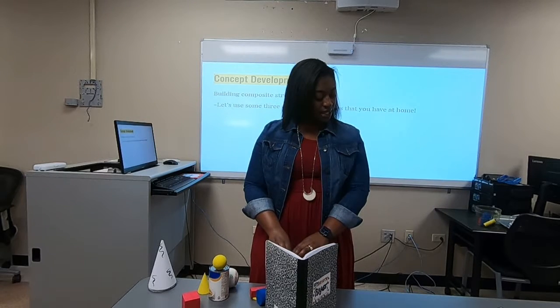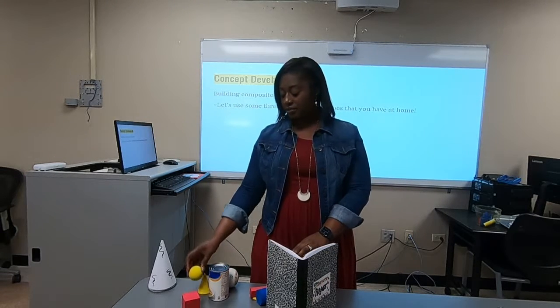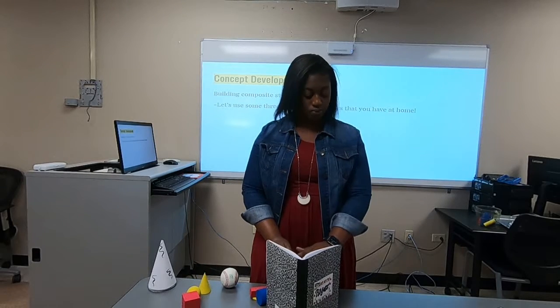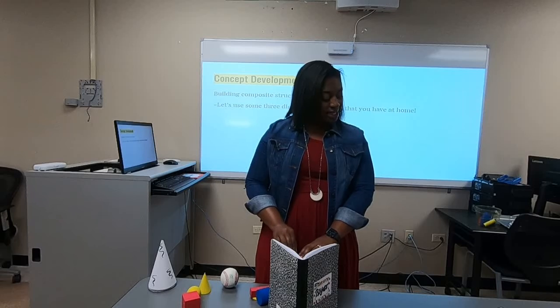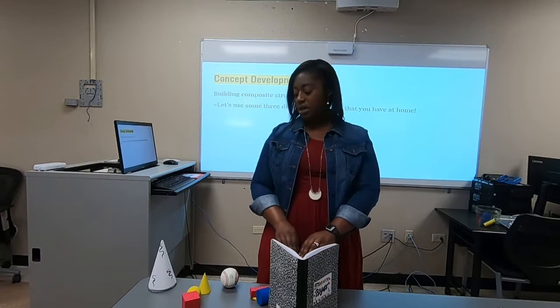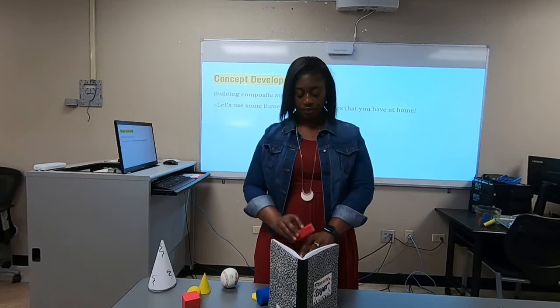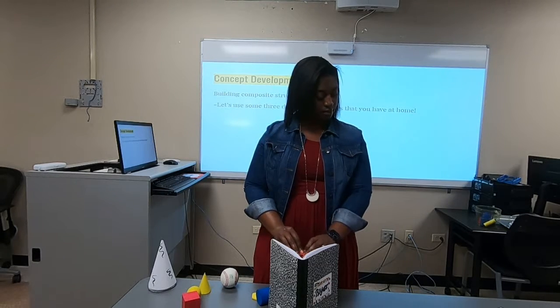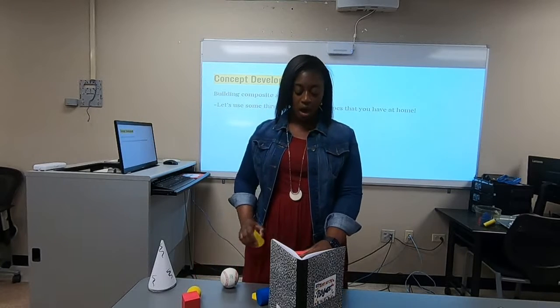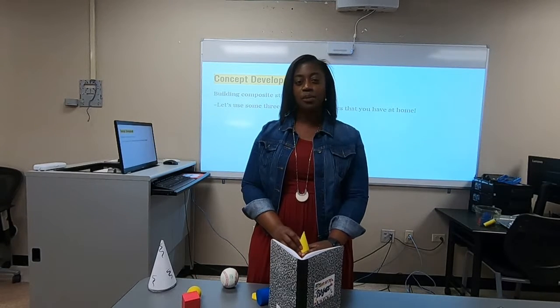And then a cylinder all the way to the left. Now I'm going to place another rectangular prism on top. And then I'll use a cone to top it off on top of my rectangular prism.